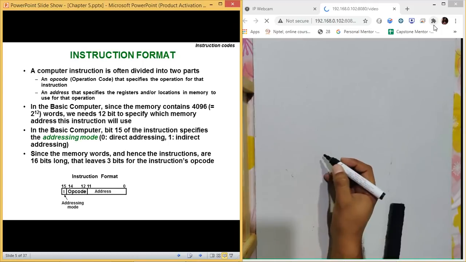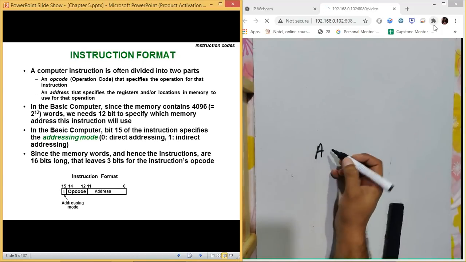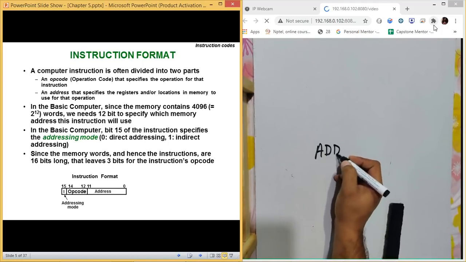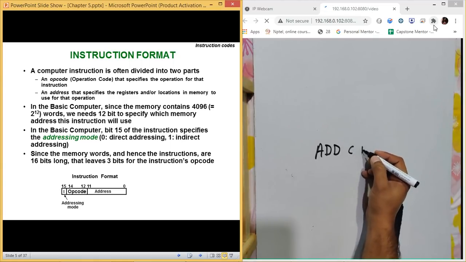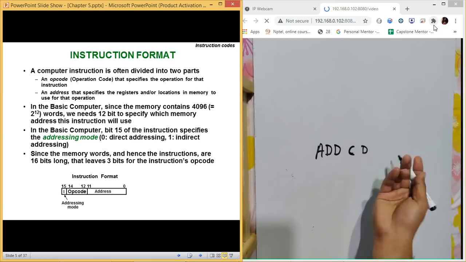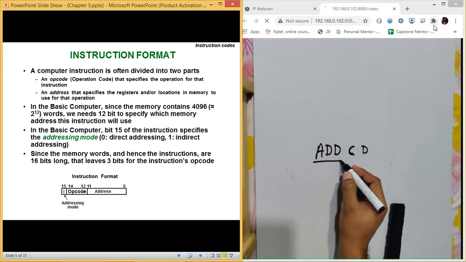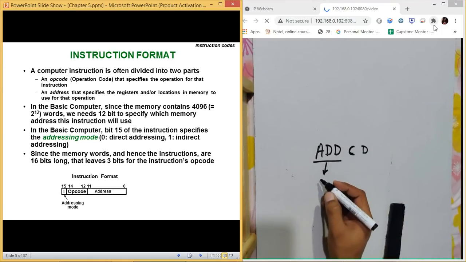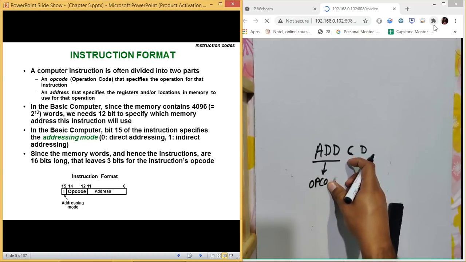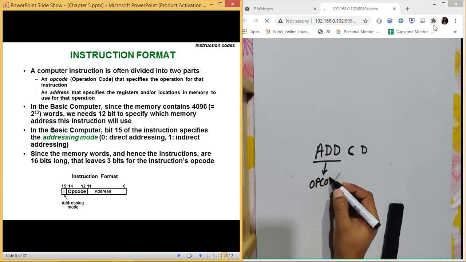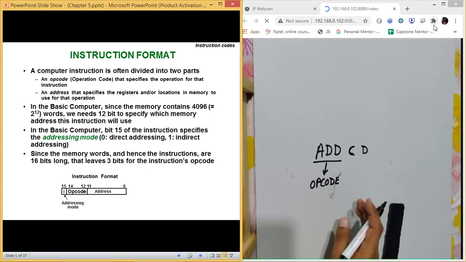Now, if I take the same example which we did earlier, this is add, then let's talk about the values C and D. Just write it like this. Add is an opcode.